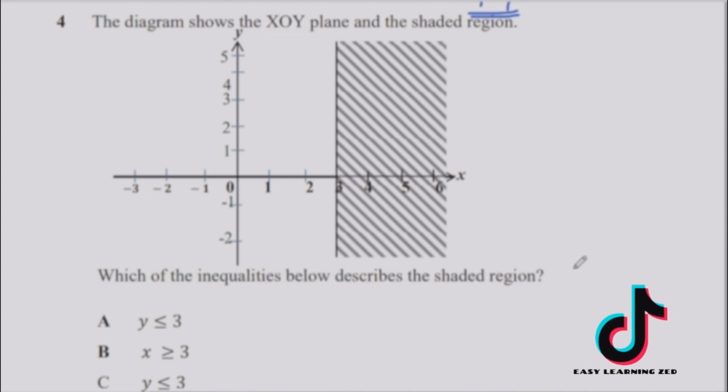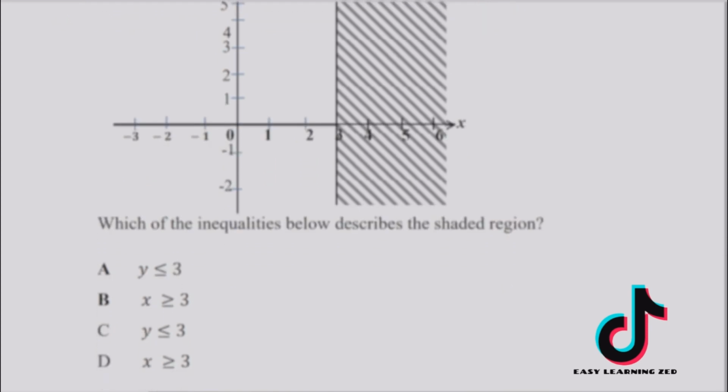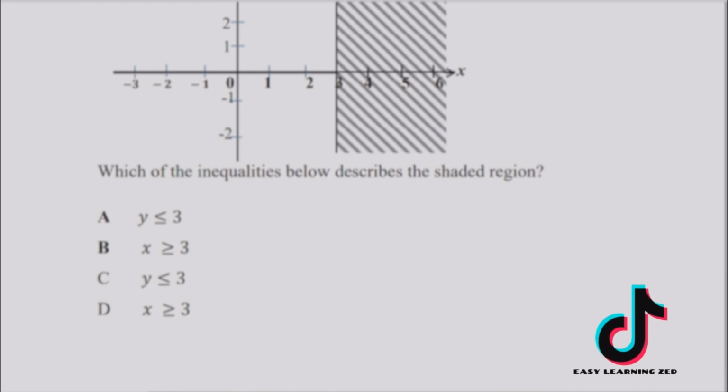Now we can see that the line that is cutting on 3 is a solid line. You can also see that the shaded part is the one which has numbers that are greater than 3. Once I've done that, we can go ahead and answer our questions. Now, the shaded part is crossing the x-axis.